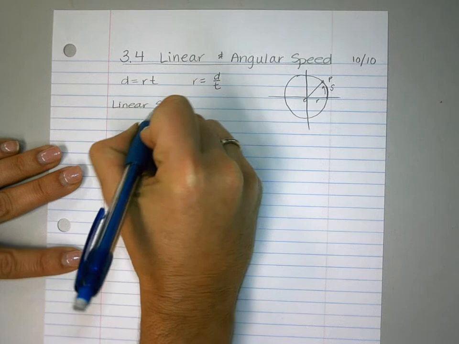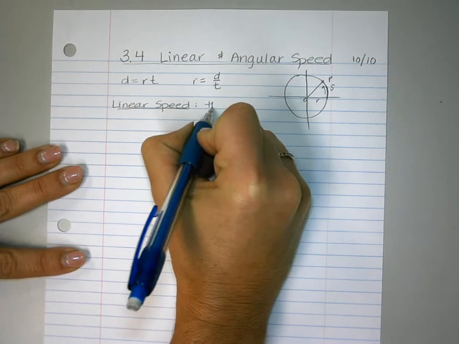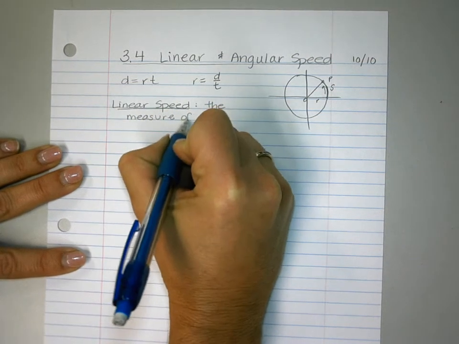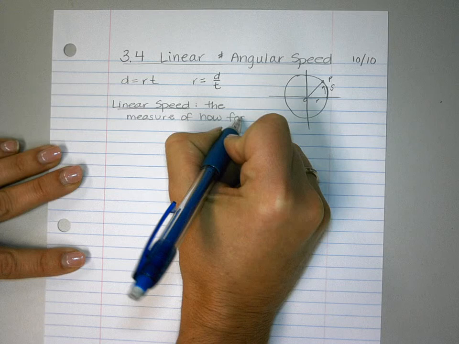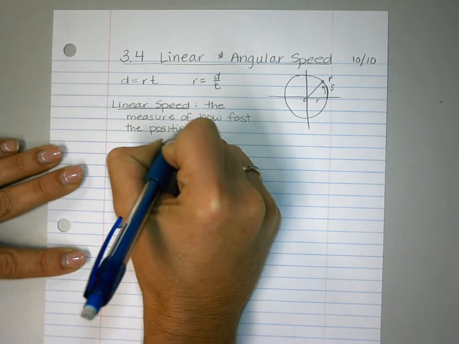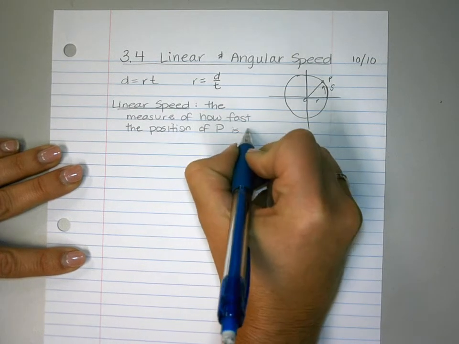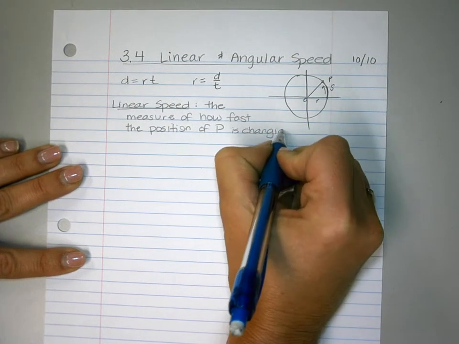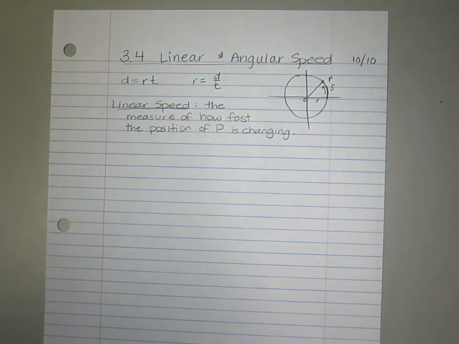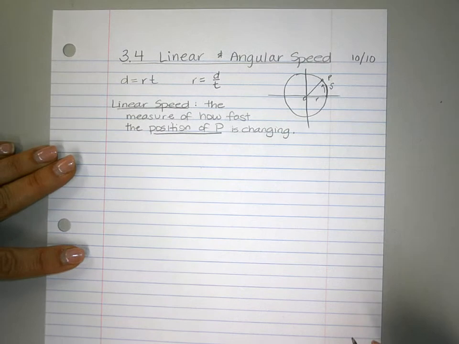Linear speed is really just the measure of how fast the position of point P is changing. So how fast that position where point P is, how fast P is changing. So I'm going to underline position of P.